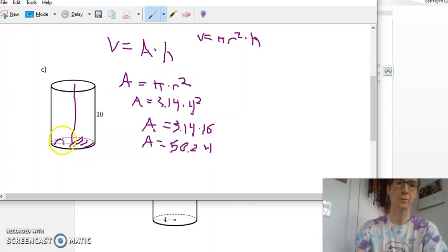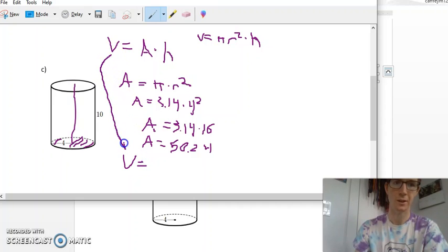Now, what I just said was the volume of a cylinder will just be whatever your area of the circle is, the area of the base, times the height. So that means the volume, and I'm just using this equation here, is the area, which is this, 50.24, times the height, which is 10.